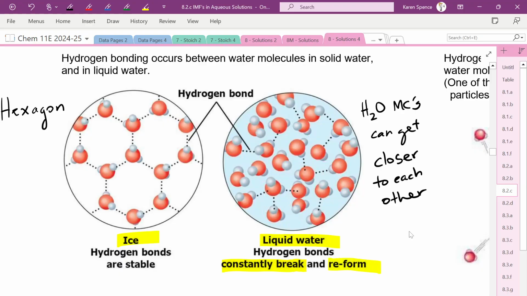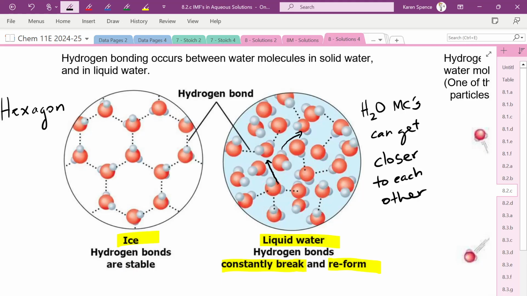So in ice, the hydrogen bonds are stable. In the liquid, they're breaking, they're forming. The water molecules are like, I'm going to move over here. And then they form a new one. And then they break away from this one. And they're like, I'm going to move over here. And they form a new one. Is that good? Okay.